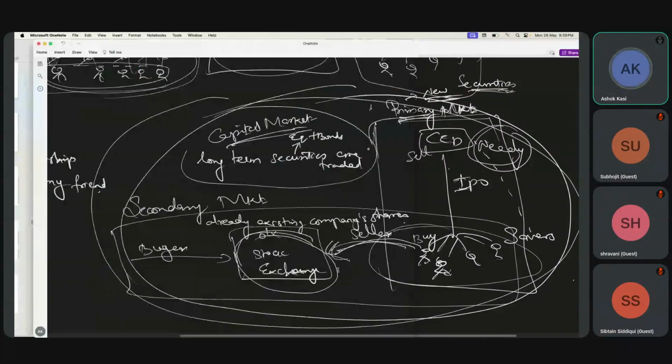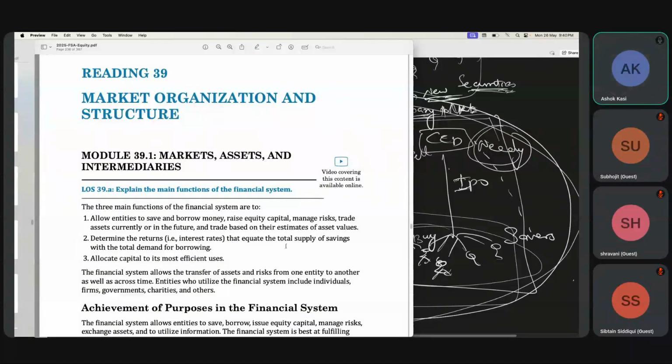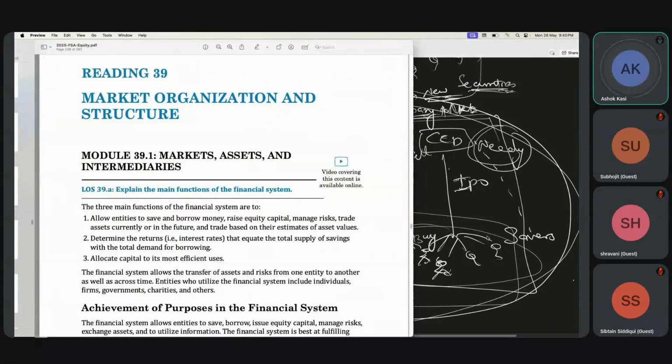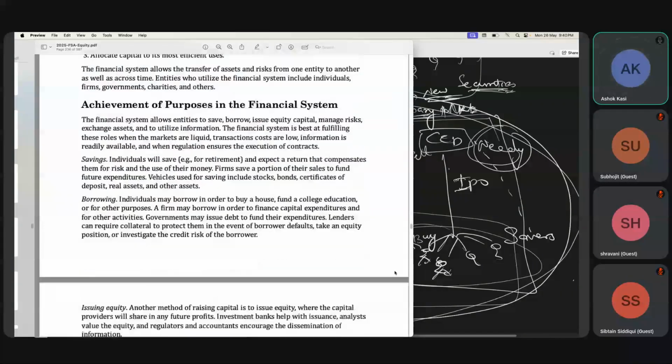Based on this system, it helps decide what the interest rates should be, depending on the demand and supply of savings. Then it allocates capital to its most efficient uses. You have various options of which security to allocate capital to, and accordingly you can allocate it. This is all the basic stuff I was covering.